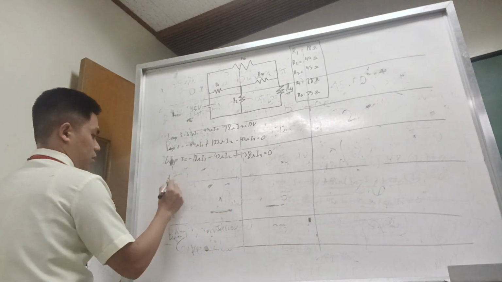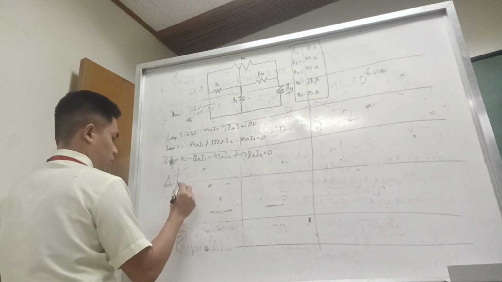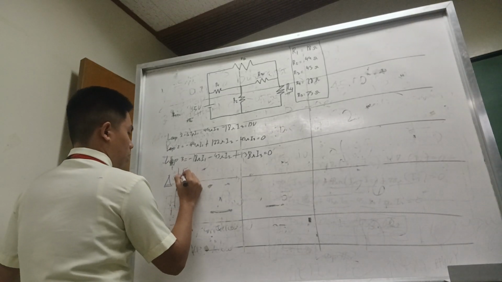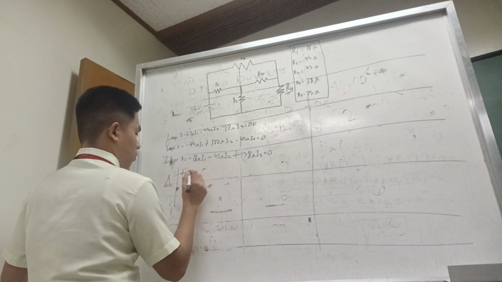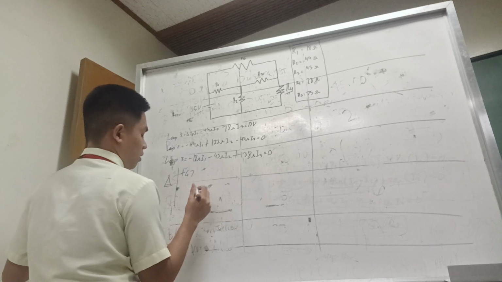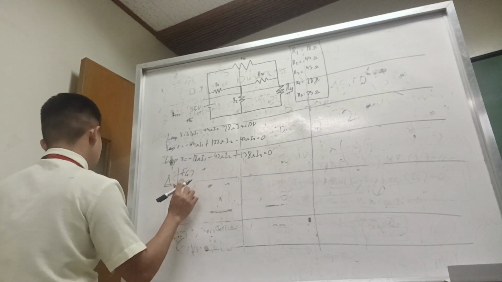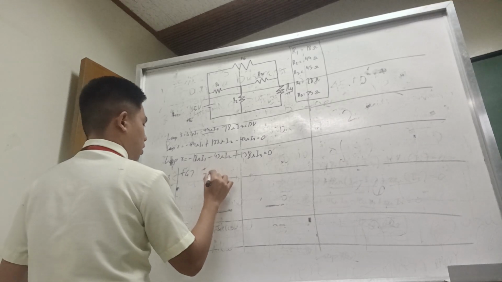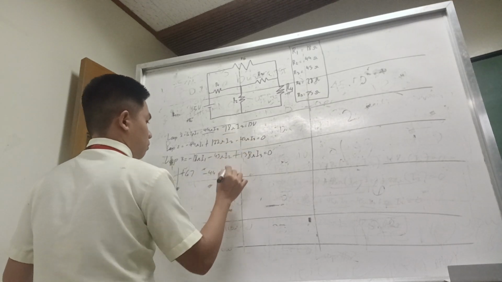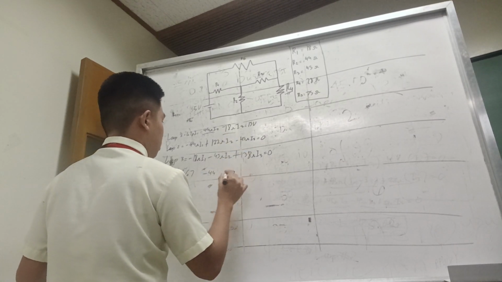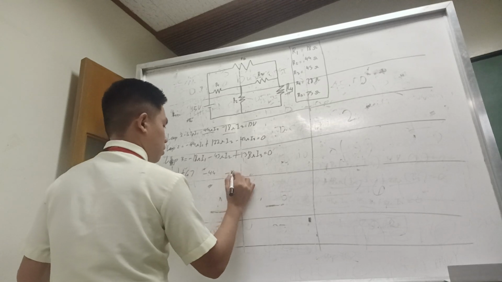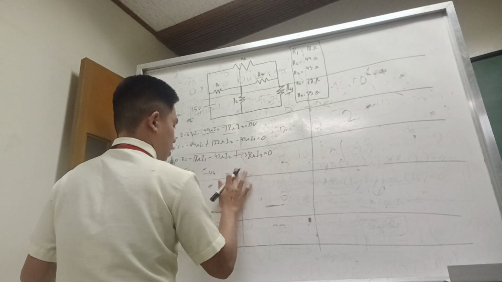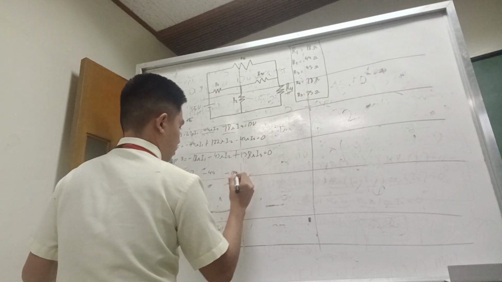For delta, we need to input it like this. Positive 67, negative 49, negative 18, I'm taking all the coefficients.